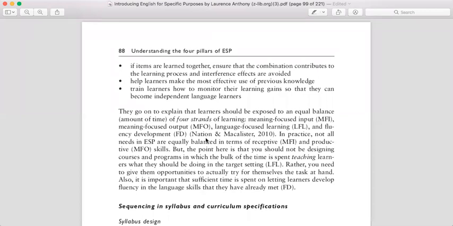Okay, why would it vary? Because you are designing ESP, and some skills would be more important to some learners, and other skills would be important to other learners, right?